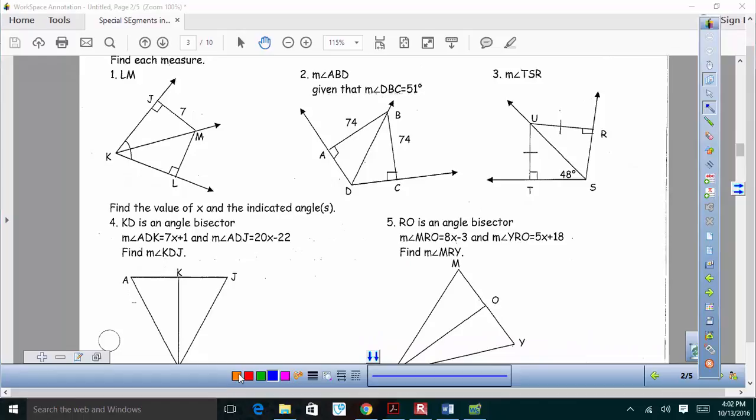So in number 1, it gives me this tick mark in this angle and this tick mark in this angle. When you have both of these, that means that they are congruent. So I could put tick marks. And if these are congruent, then it means this line from K to M is an angle bisector.